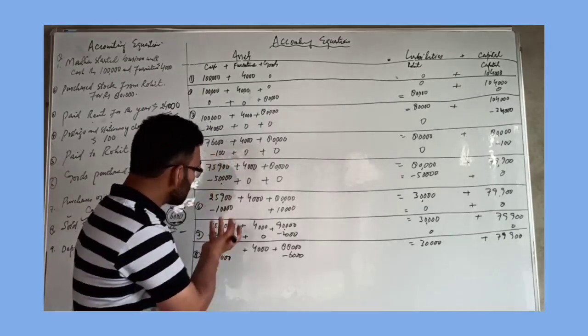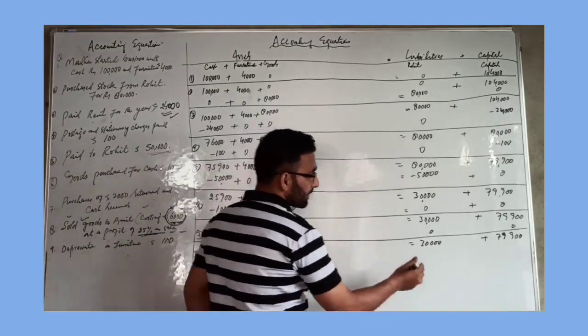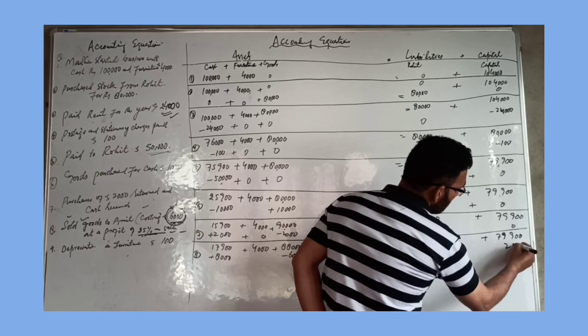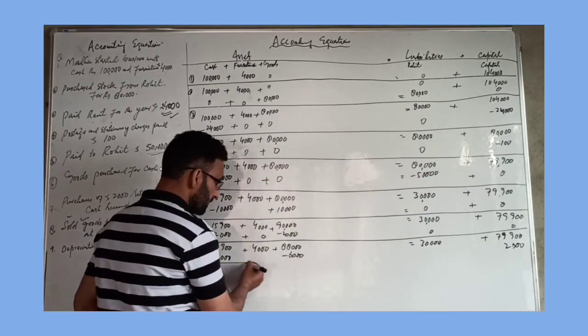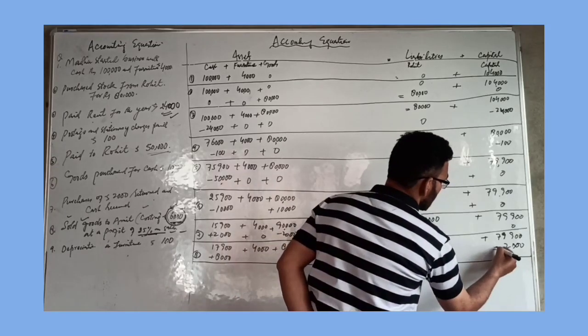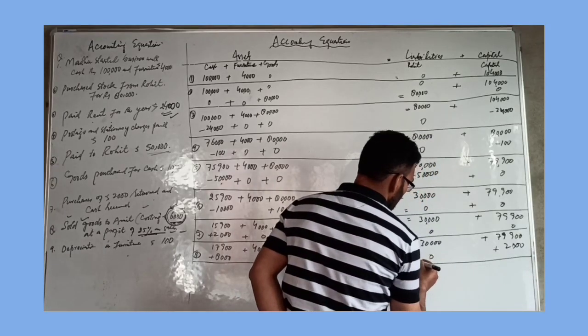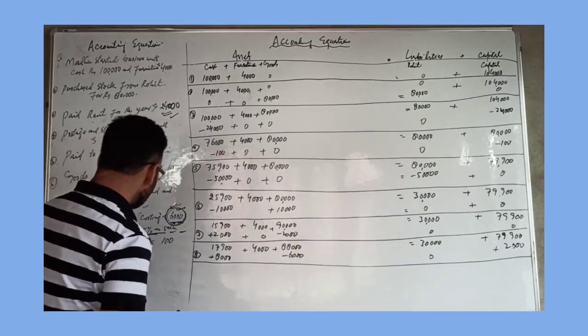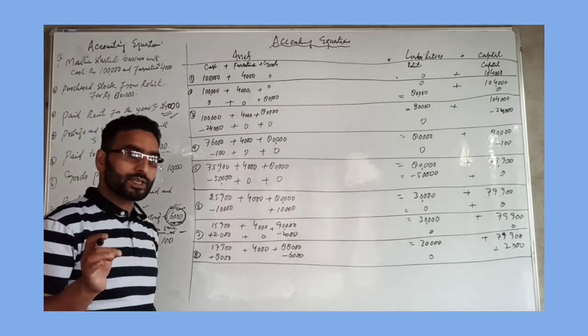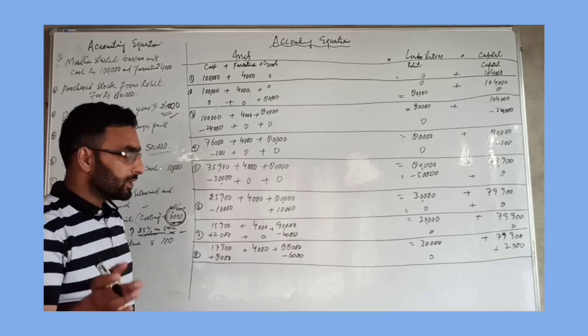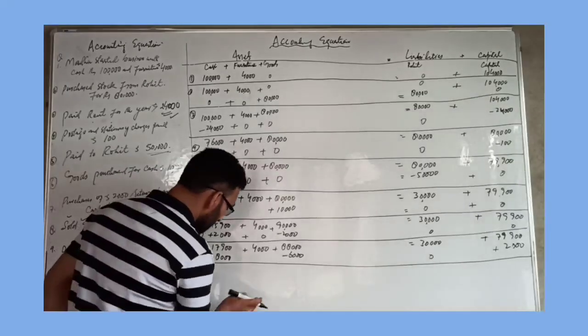So the assets increase here. The profit, that is 2,000, is added to capital. Liabilities are the same. So for this point we have a table through which we can calculate selling price and cost price. Let me show you a little bit.